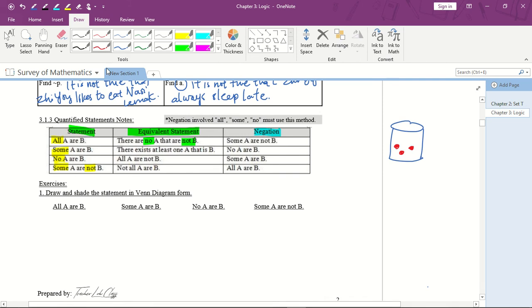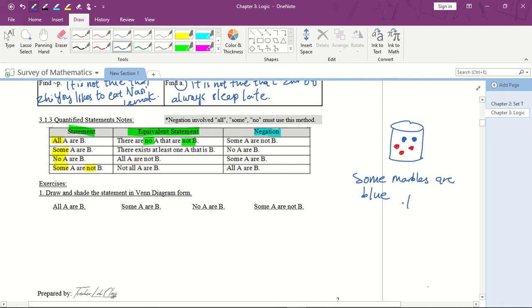Some A are B. Let me change it to add 2 more blue marbles. Then we write here some A are B. So I can say some marbles are blue. Does it make sense? Some marbles are blue because we know that some are red, some are blue.